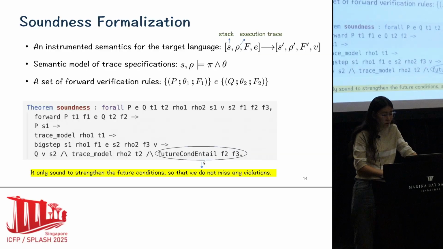The interpretation of such an entailment is that it is only sound to strengthen the future conditions along the way so that we do not miss any violations. I find it interesting because usually for verification works, we are allowed to over-approximate the program states, but in fact, it's only sound if we strengthen the future conditions along the way.